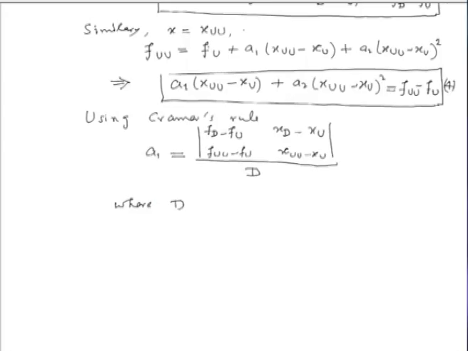where capital D is the second order determinant given by the coefficients in these two equations, that is x_d minus x_u, x_d minus x_u whole square, x_uu minus x_u, and x_uu minus x_u whole square. Sorry, here we should have the square terms.